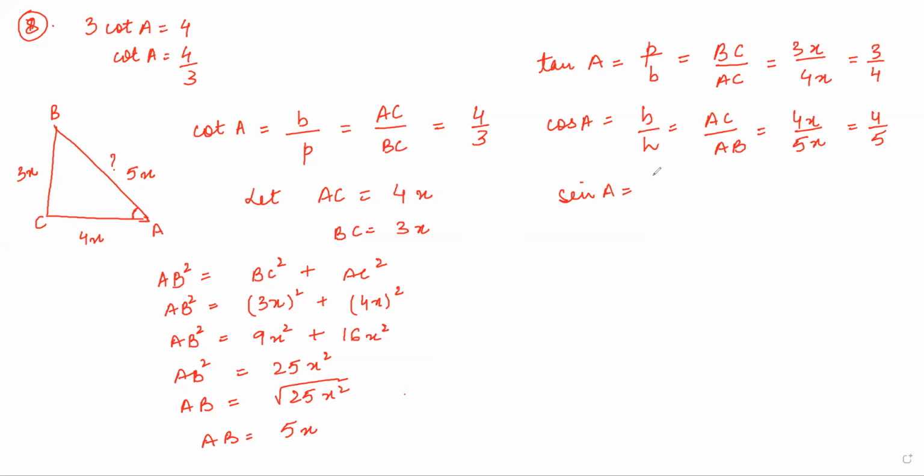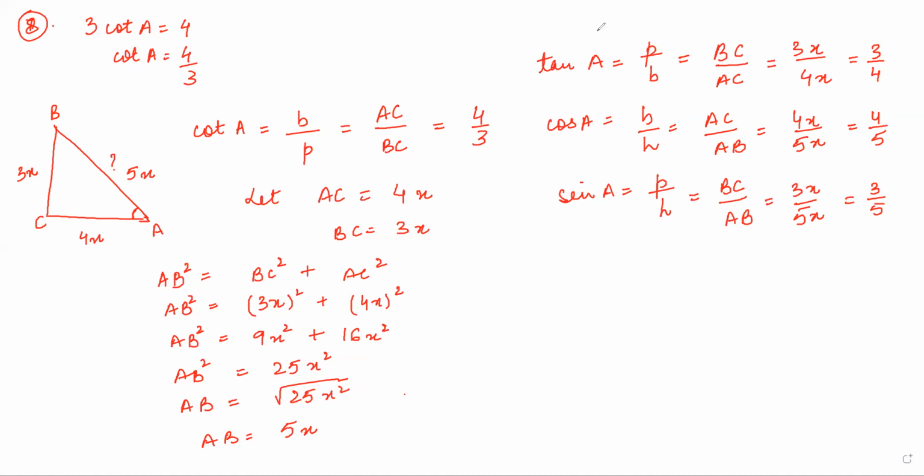Perpendicular by hypotenuse. So perpendicular is BC divided by AB, the hypotenuse. BC is 3x, and this we have found 5x. So this becomes 3 by 5, right? Okay, so we have got these three ratios.